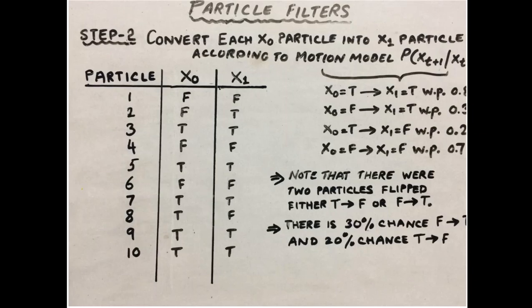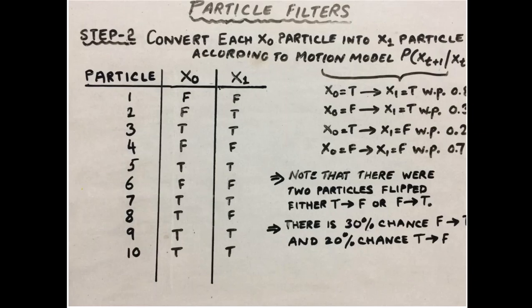Looking at the probabilities describing the motion model, there is an 80% chance that if the particle is in the true state, it will remain in the true state at the next time instance, and if it is in the false state, it can be transformed into the true state with probability 0.3.